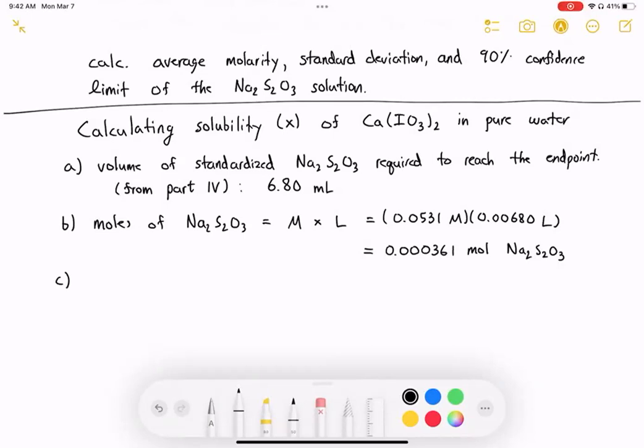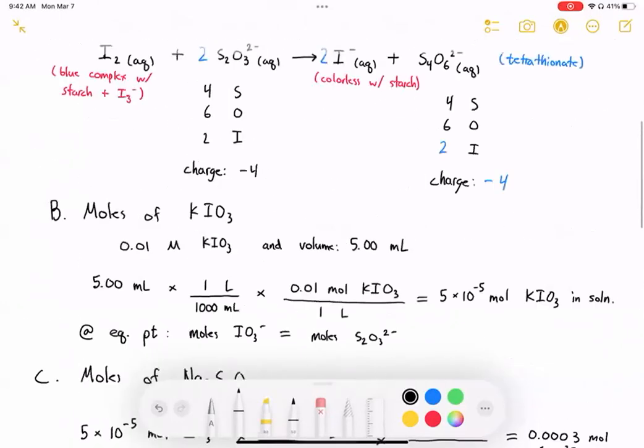We know that we have 0.00361 mole sodium thiosulfate. Now we go back to the chemical equation here.